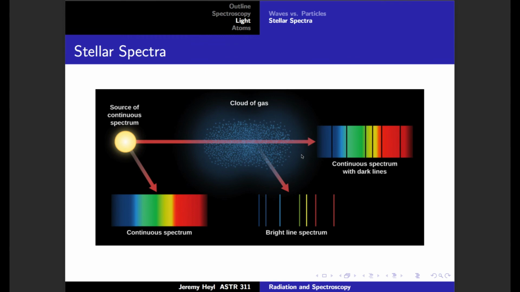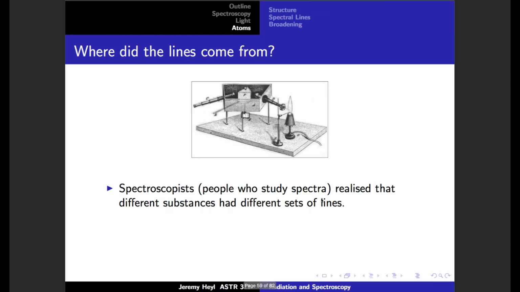So some of it does get emitted in this direction, but only a small fraction ends up being sent back in exactly the same way it came. So we see a dark line over here, but if I look at any other direction, I'll see those emission lines. And those emission lines tell us what is in that gas.